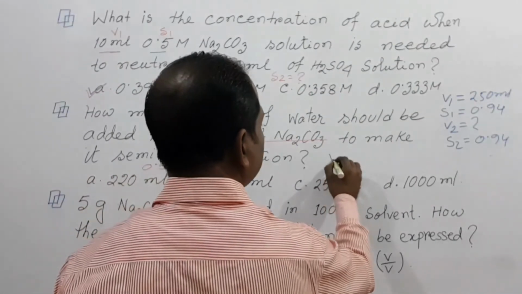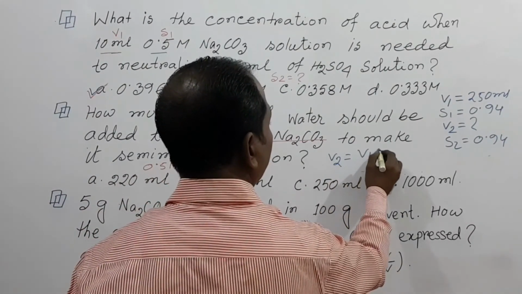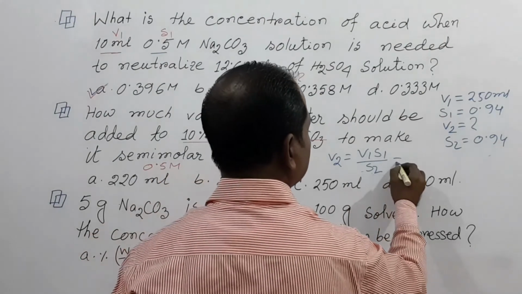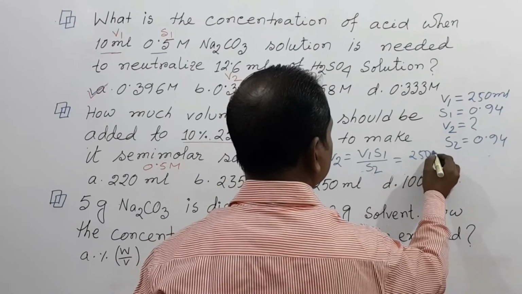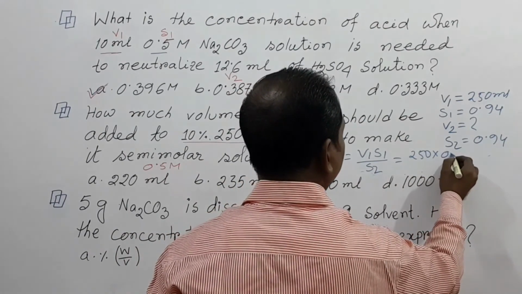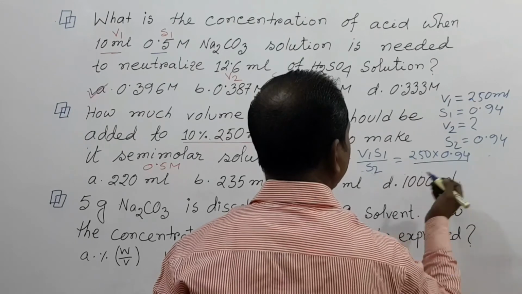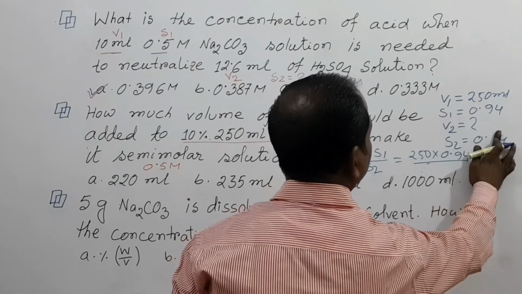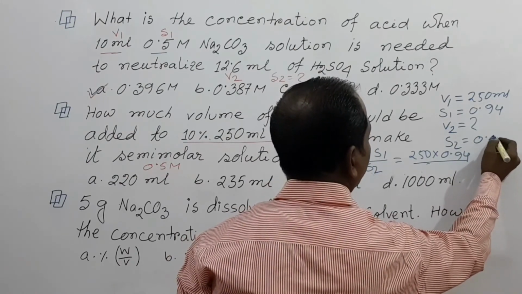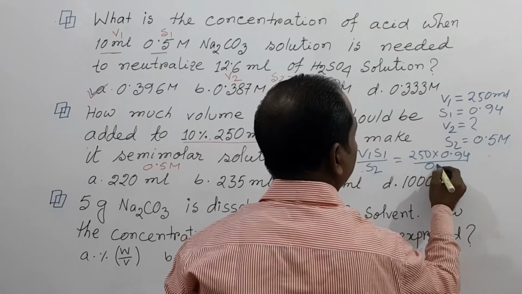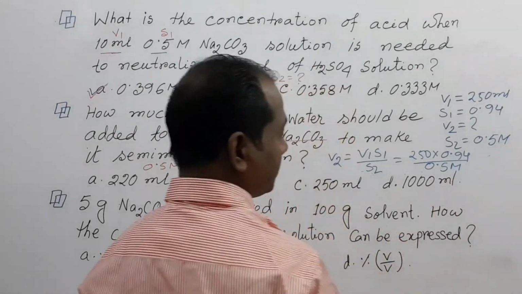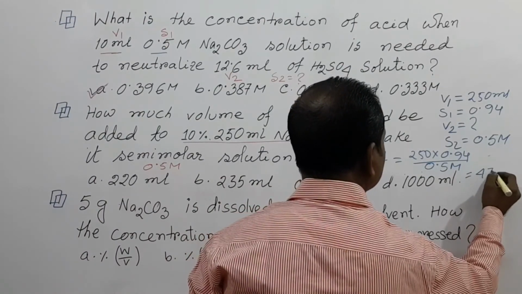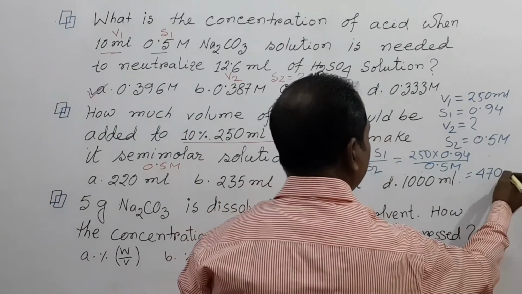Now V2 equal to V1 S1 divided by S2, that is 250 into 0.94 divided by S2 equal to 0.5 molar, and the answer is 470 ml.